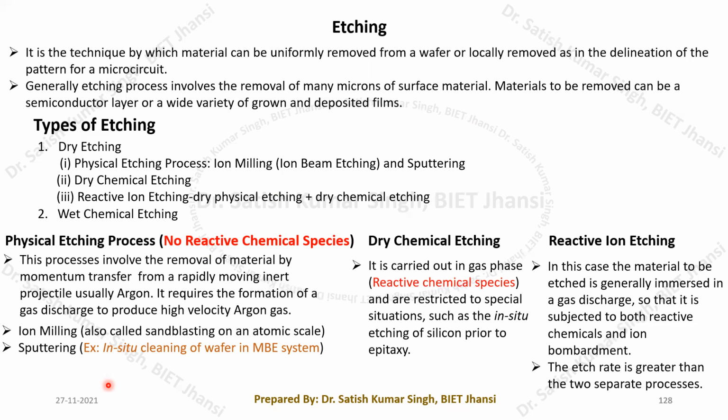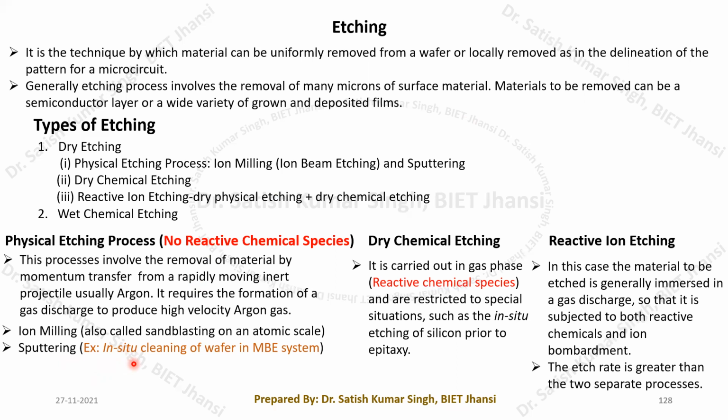The process is then followed by the annealing process, in which we have to raise the temperature of the wafer from 800 to 900 degrees centigrade for a certain amount of time, and then cool it so that the damaged surface can be repaired again. So this I have already discussed when I discussed molecular beam epitaxy.